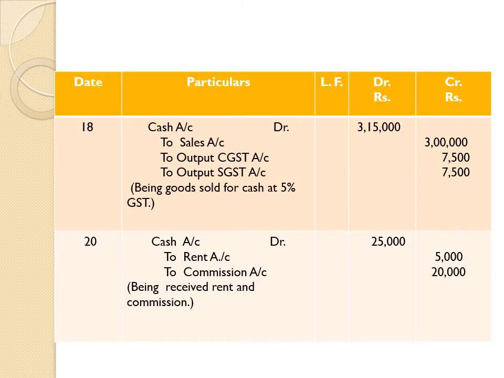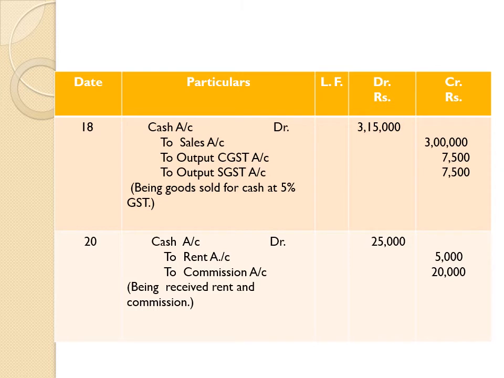If that output GST is concerned with central government, we write it as output CGST. If it is concerned with state government, we write output SGST. So, the entry for it.